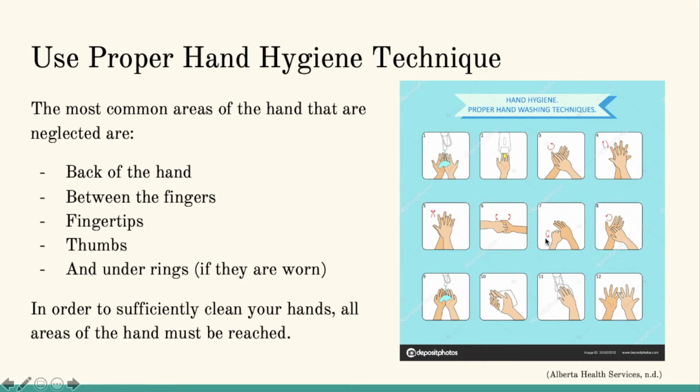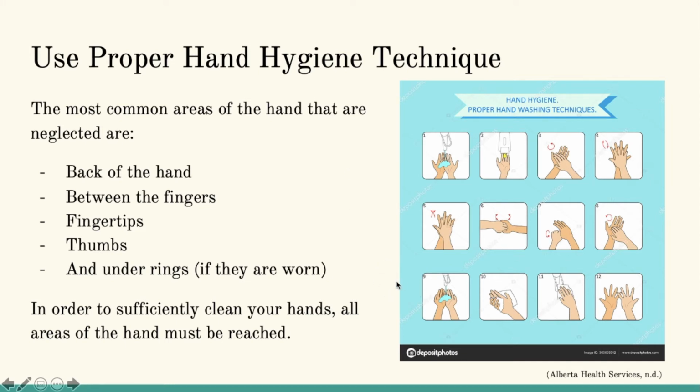Rub your fingernails, get around your thumb, rub around your wrist, try to get every spot that you can. And if you are using soap and water, if it's got a handle, once you're done drying your hands with a paper towel, use that paper towel to turn off the sink handle or open a doorknob.